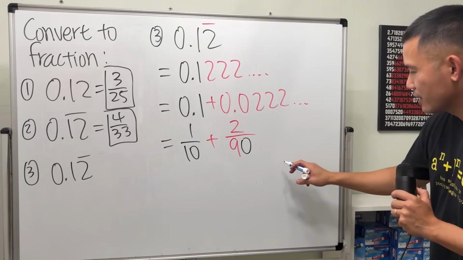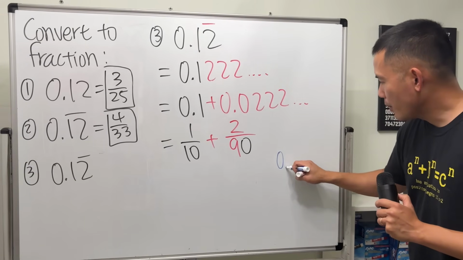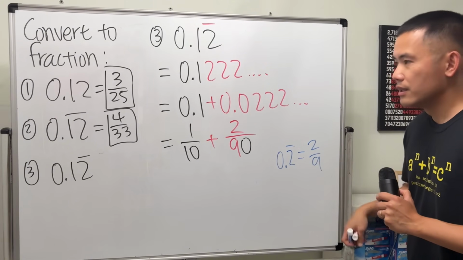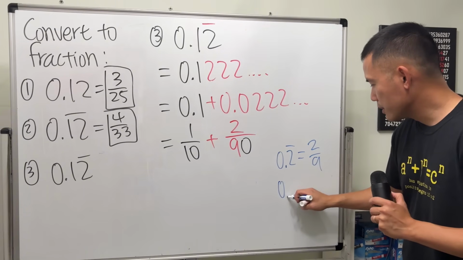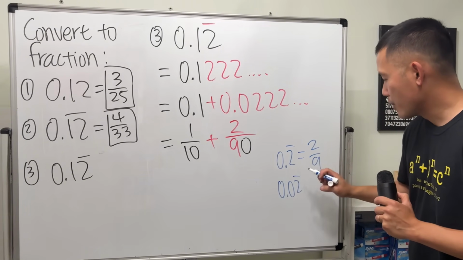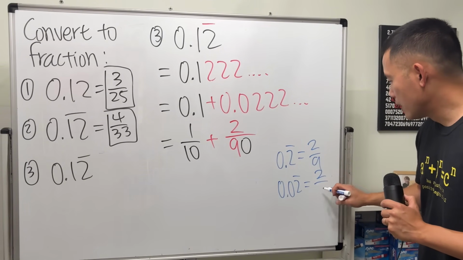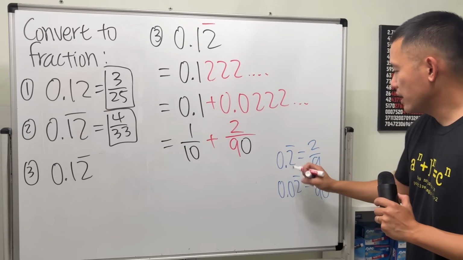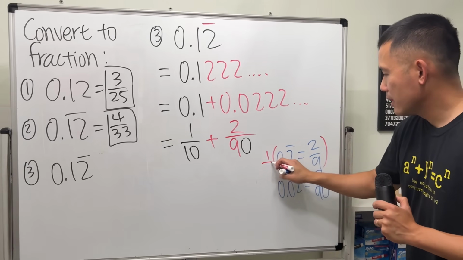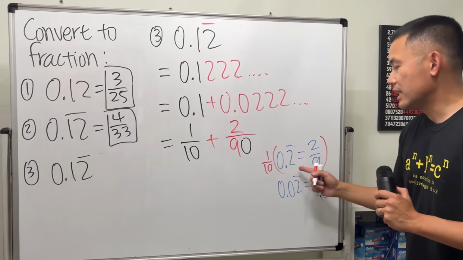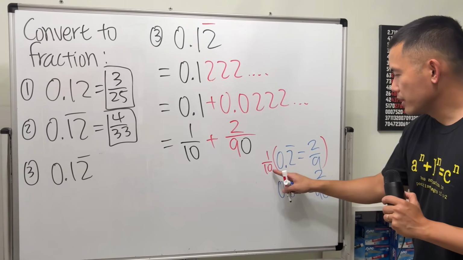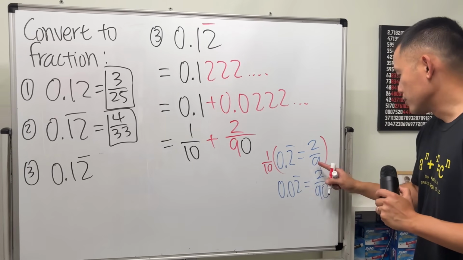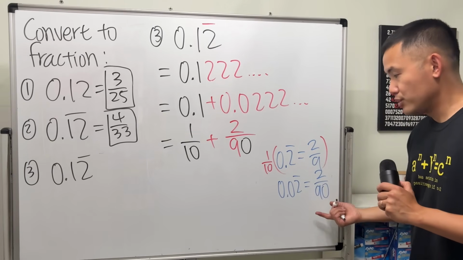So here's a quick idea. 0.2 with a bar, this means 2 over 9. But if you have 0.02 with a bar right here, this is 2 over 90. Why? Because you look at this equation and multiply by 1 over 10 or divide it by 10 on both sides. So you can put a 0 right here, divide it by 10, and then you just take this, divide it by 10, just like that.